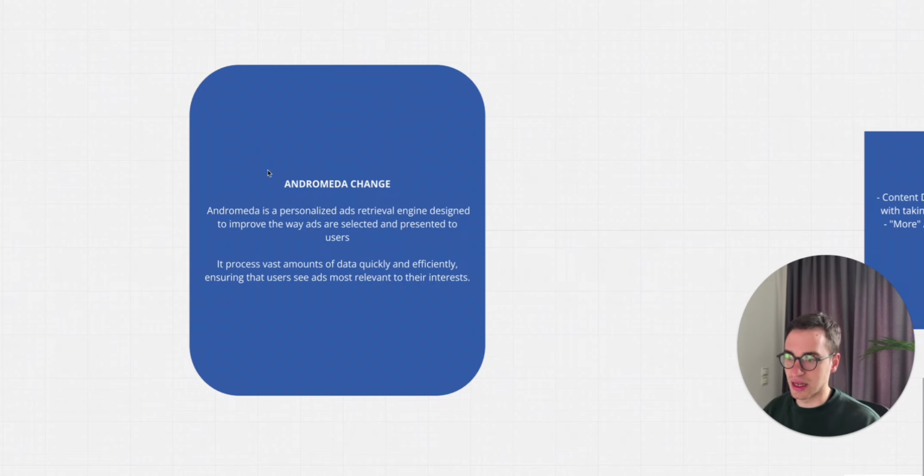It wasn't getting all the data, and people were still being delivered ads, but they weren't really relevant to them. That really changes now with AI and the much bigger computing power the machine has. Now it can process vast amounts of data quickly and efficiently, ensuring that users see ads most relevant to their interests.